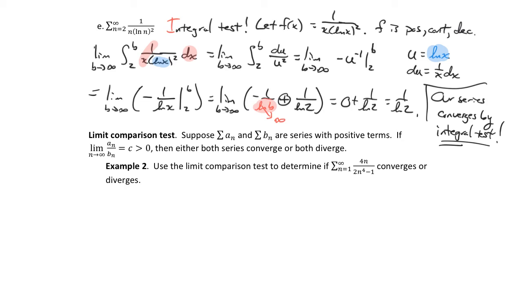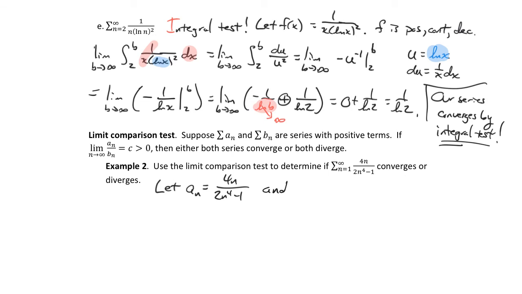All right, so we want to use the limit comparison test to determine if this series converges or diverges. I do the same thing that I did before, so I'm going to use the notation of our theorem. Let a sub n be equal to 4n over 2n to the fourth minus 1.